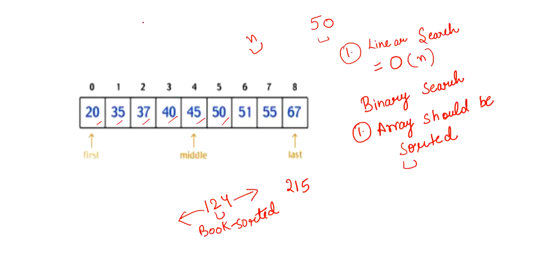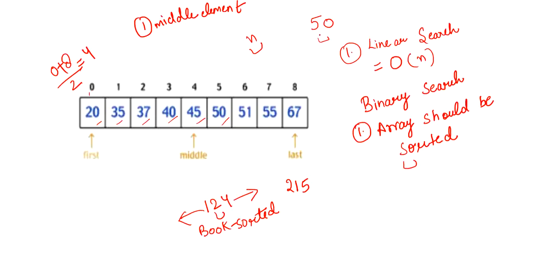First we will calculate the middle element of our array. What is the middle element for this array? So how to calculate the middle element? Simply take the first index and last index of your array divided by 2, that is 4. So the element located at the fourth index of the array is going to be the middle element.